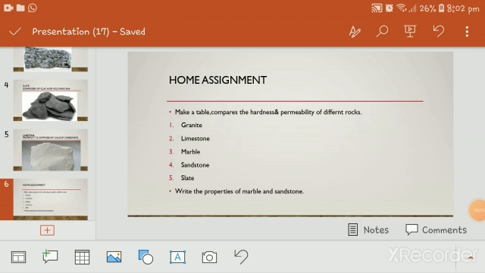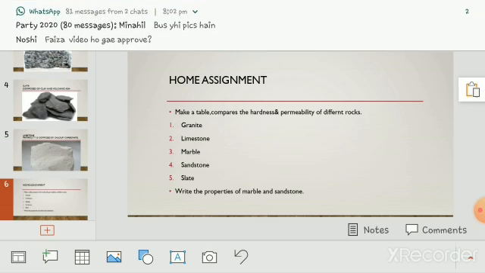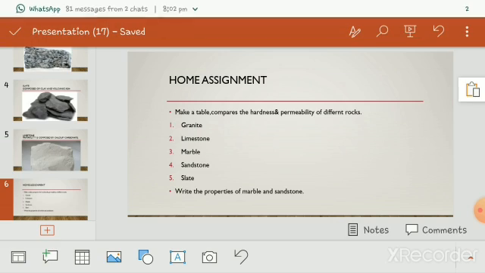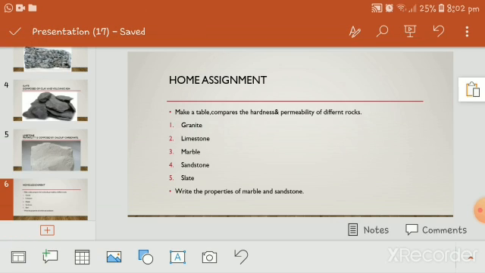Yes, and dear students, now this is your home assignment. First of all, take your winter pack with you and look at the very first page of your winter pack. Here is a table of different rocks, and you have to compare different rocks and make a table of the hardness and permeability of different rocks like granite, limestone, marble, sandstone and slate.